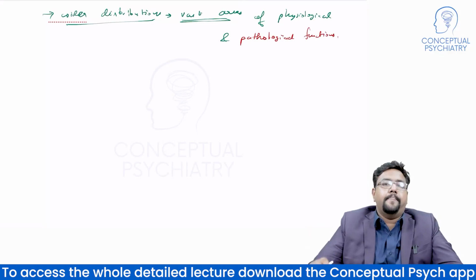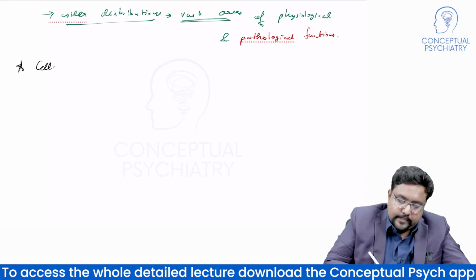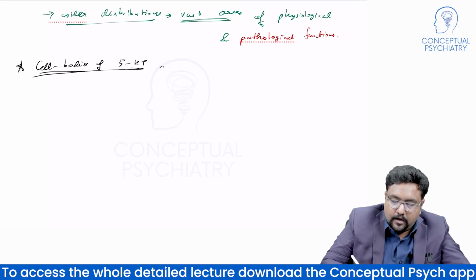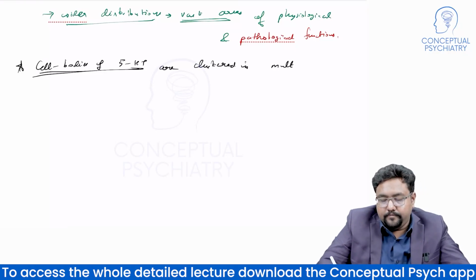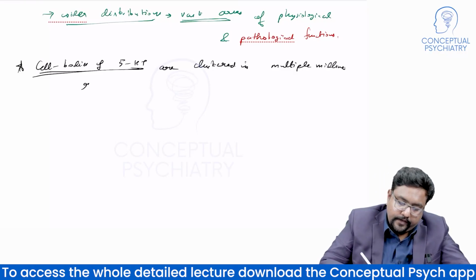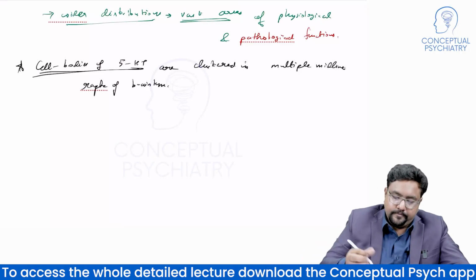Okay. Now coming to the location. The cell bodies of serotonin are clustered in multiple midline raphe of the brainstem.